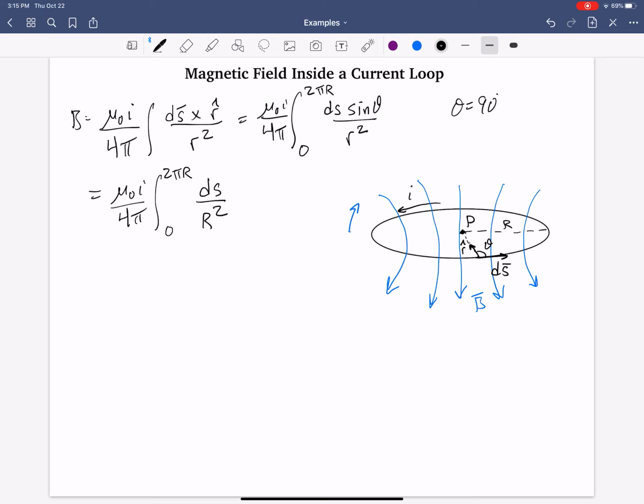And that's a constant, so really that can be pulled out too. We have mu naught I over 4 pi r squared, and now we just have the integral from 0 to 2 pi r of ds. Well, it's pretty easy.